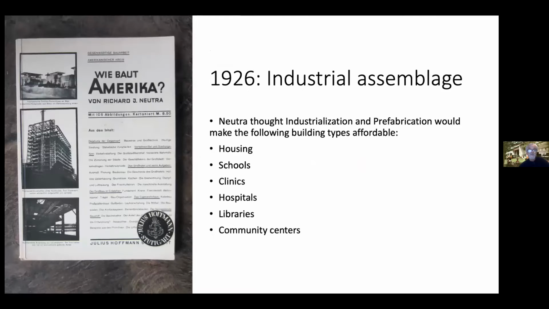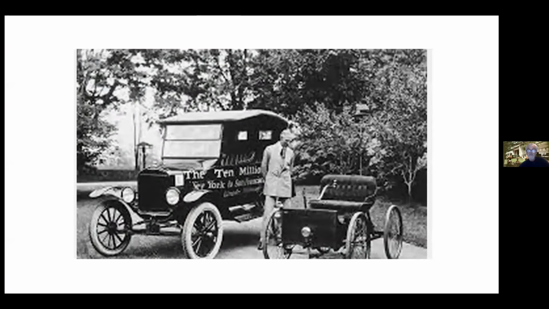He wanted to use industrialization and prefabrication to address housing needs, school needs, clinics, hospitals, libraries, community centers, and the rest. And he thought that the techniques that Henry Ford had done to make cars affordable could also be done to make all these different housing types affordable.